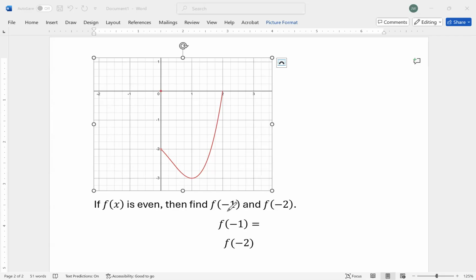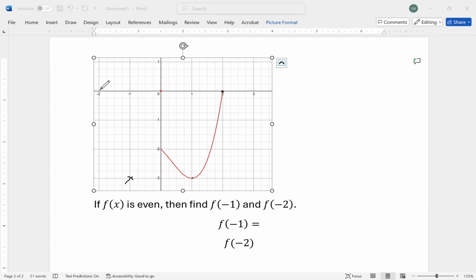F of -1, what's going to happen at -1? Well, I can figure that out by reflecting the point (1, -3) across the y-axis. That's going to get me to the point (-1, -3). F of -2: here's f of 2 at (2, 0).